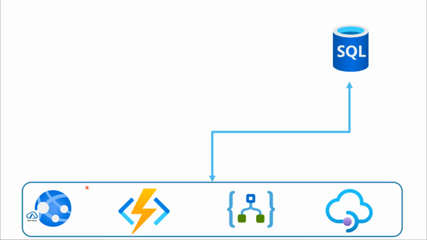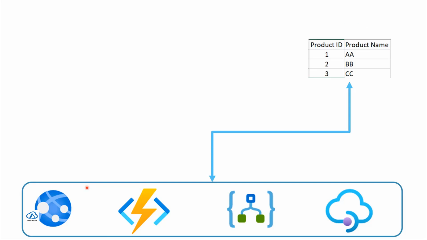Now, let's say that our application layer services could be Azure App Service or Functions App or Logic Apps or even API Management. And we have a SQL database. This is our data store. And definitely all of the application layer services will have to communicate with the SQL data store to get or update certain values. And let's say this is the sample data that exists on the SQL data store.